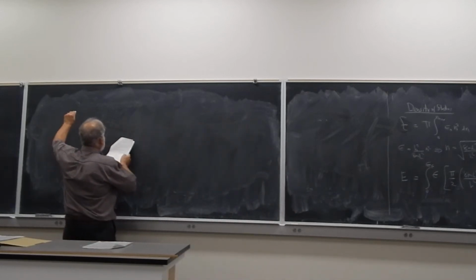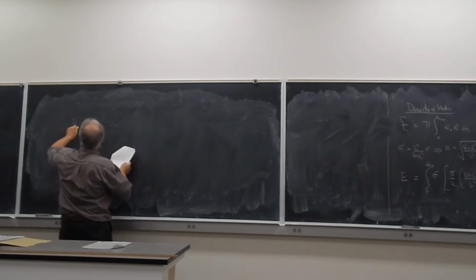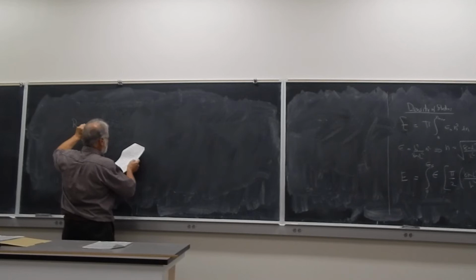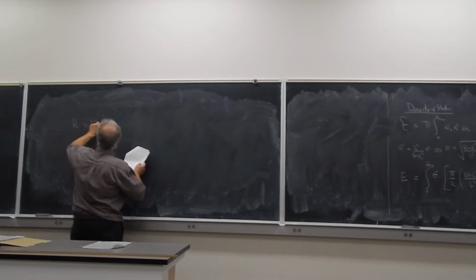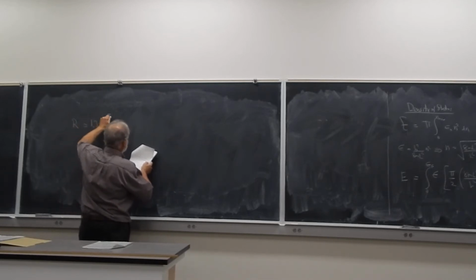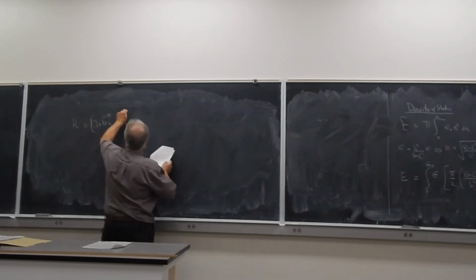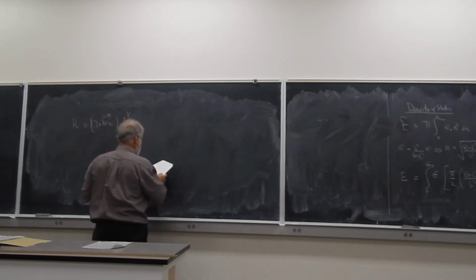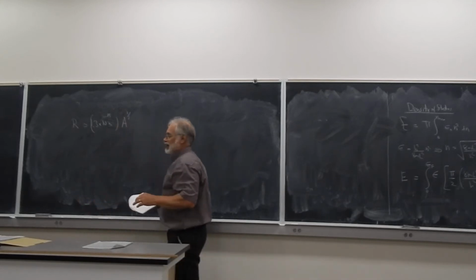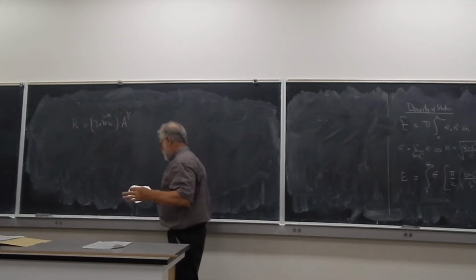Let's look at the Fermi energy in that case. The radius of a nucleus is on the order of 1.3 times 10 to the minus 15 meters times the atomic mass to the 1/3. That's a pretty good approximation. Atomic mass gives us the number of nucleons.